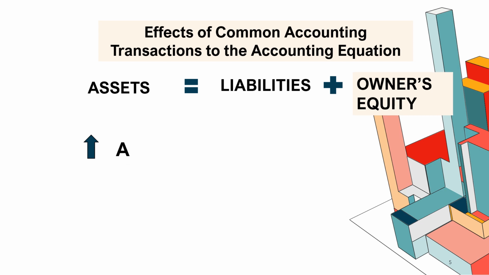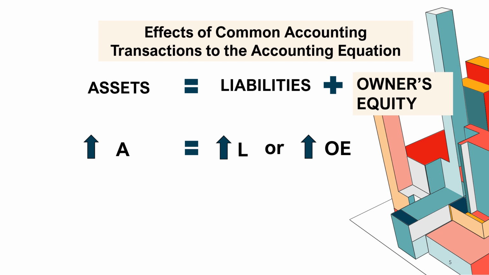If we have an increase in assets, denoted by big letter A, equals an increase in liabilities, denoted by big letter L, or an increase in owner's equity, denoted by big letters OE. So that's actually two common accounting transactions.